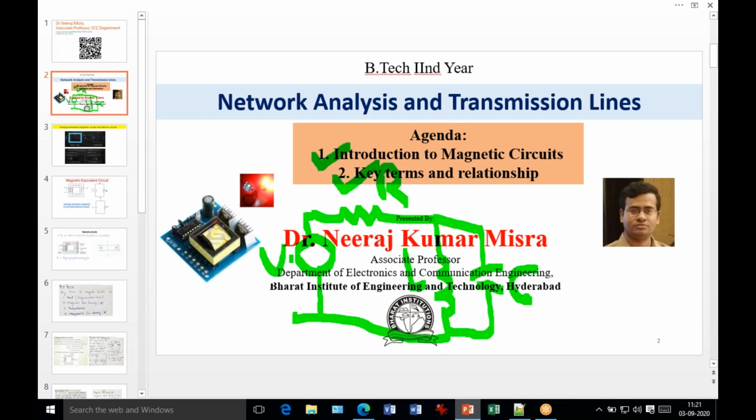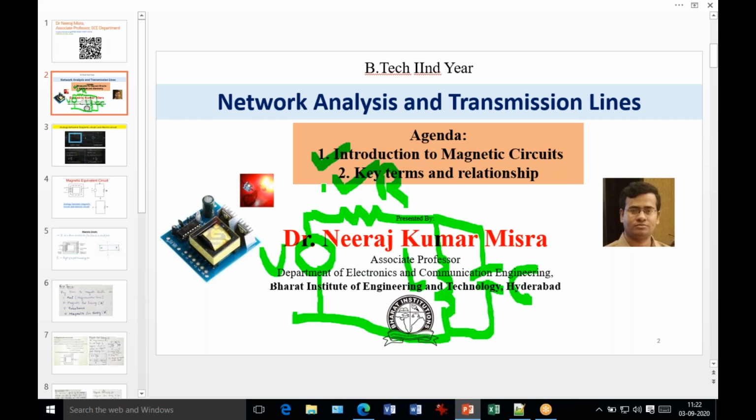Suppose this is the active element, and the resistor, inductor and capacitor are the passive elements. So in electrical networks, what are the parameters? One is the voltage source, and the others are the resistor, inductor and capacitor.